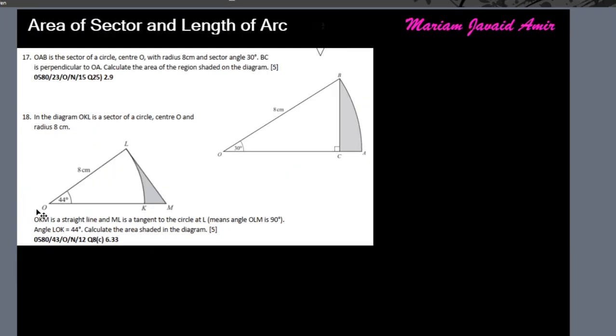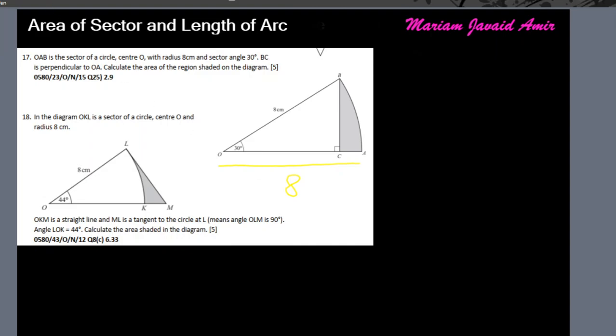Question number 17. OAB is a sector of a circle with center O and radius 8. So this whole length is 8 as well. Calculate the area of the shaded region in the diagram.